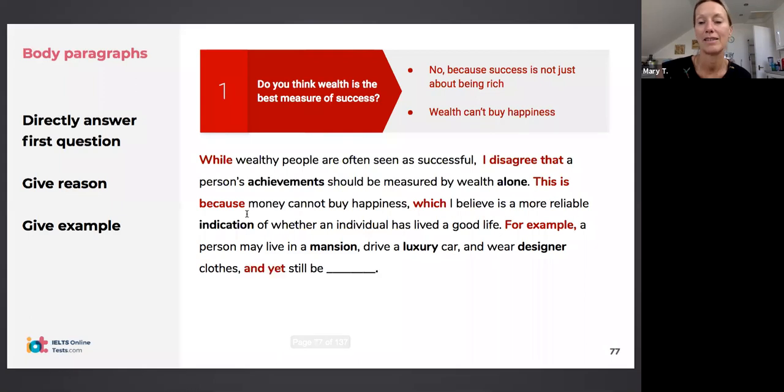And yet still be what? Unhappy, good. Worried. Upmarket car, I don't know, you say upmarket car. Miserable, yes. Unhappy, depressed, yeah. So any of those words are fine there. Okay, so that's the first body paragraph.